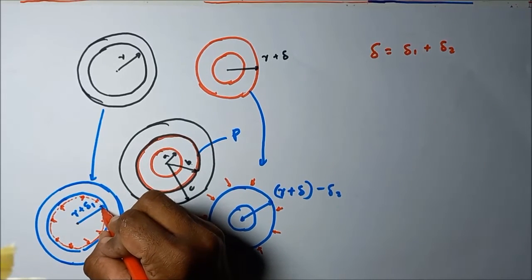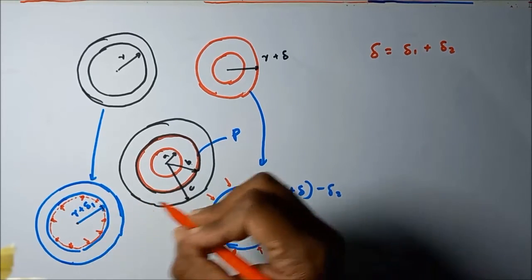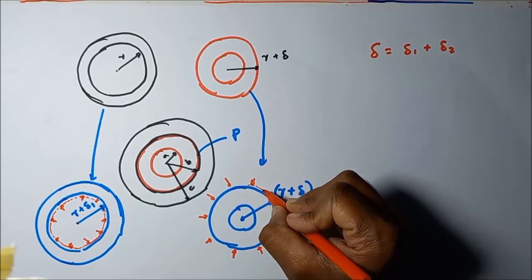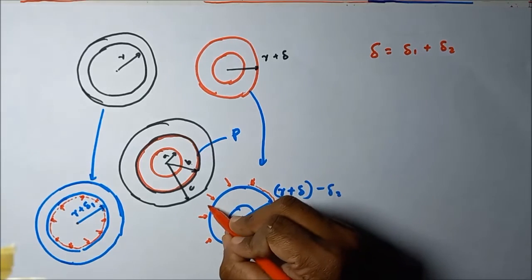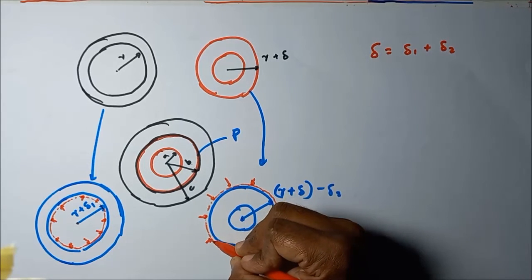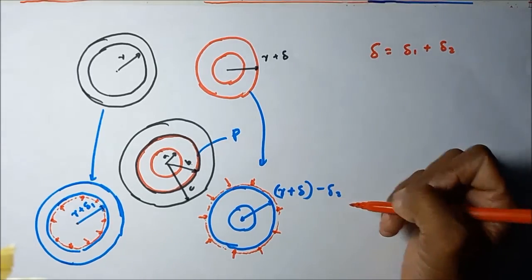Here the inner cylinder had radius r plus delta, and it has now displaced inward by delta 2.